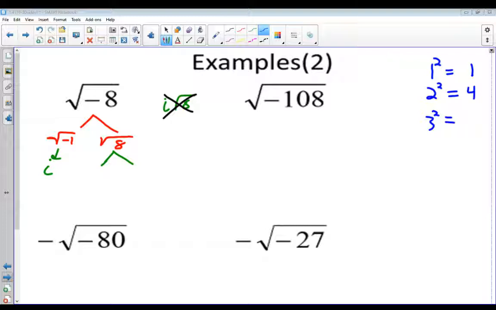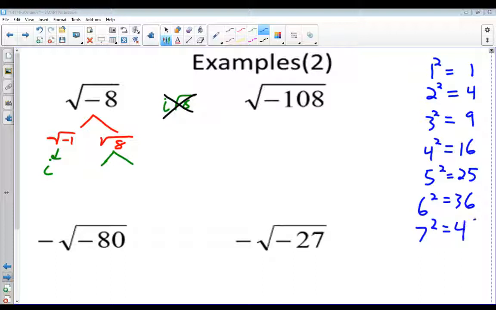So 1 squared, 2 squared, 3 squared, which is 9, 4 squared, which is 16, 5 squared, which is 25, 6 squared, which is 36, 7 squared, which is 49. And I'll keep it right there.